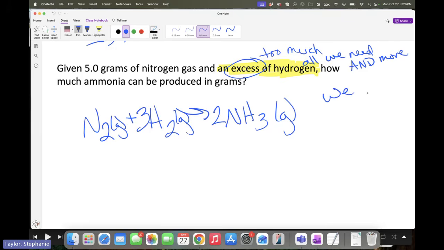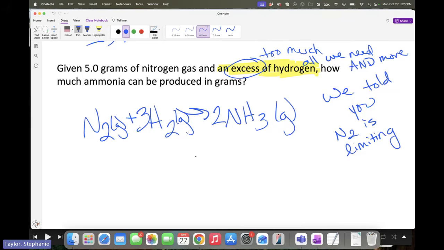Basically nitrogen is limiting because we actually identified the excess reactant. For those of you worried about limiting reactant, since it was in the lab last week, this is the kind of question that's not a limiting reactant question, because it already says which one is which. Without any additional math, this tells you hydrogen's in excess, nitrogen is limiting.